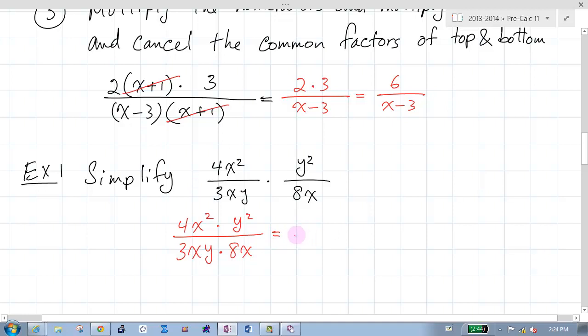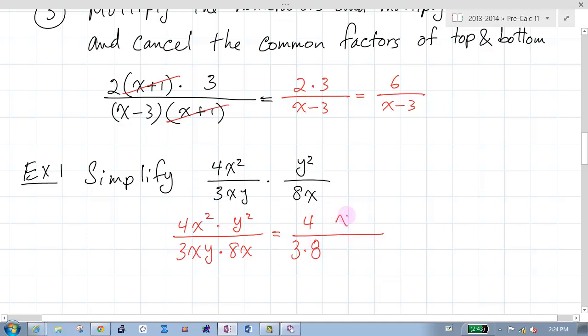To make life easier for myself, I'm going to group these things. I'm going to put all the numeric stuff at the beginning. So I have 4 on top, that's the only numeric part of the numerator. In the denominator, I have 3 times 8.